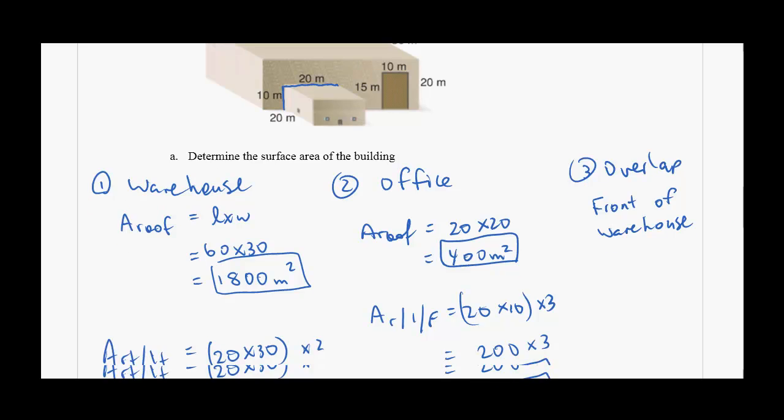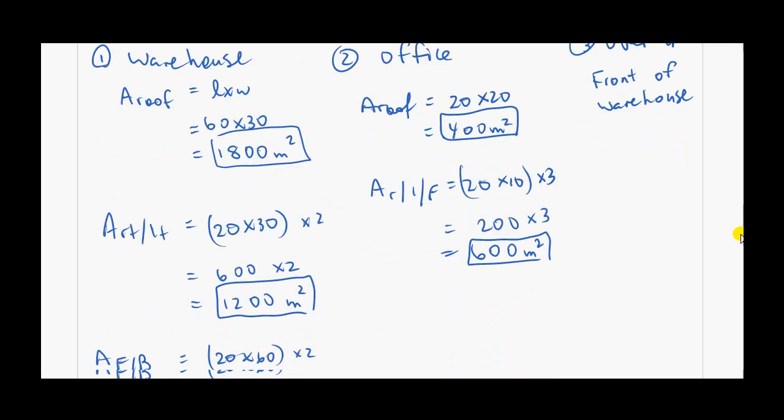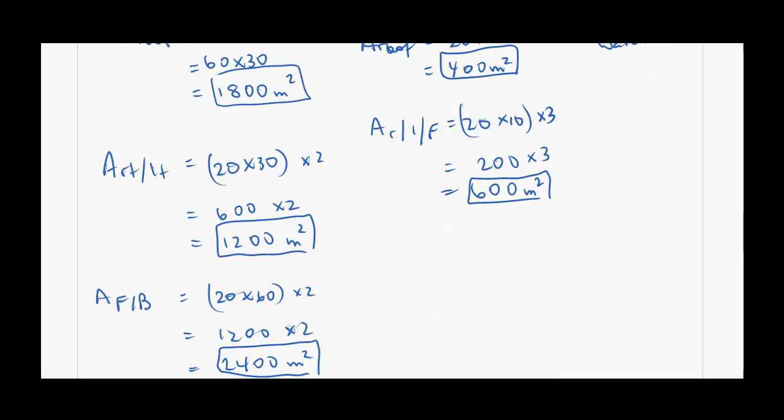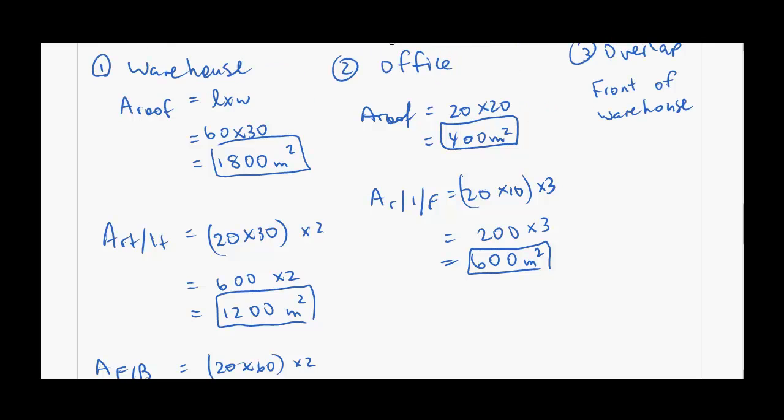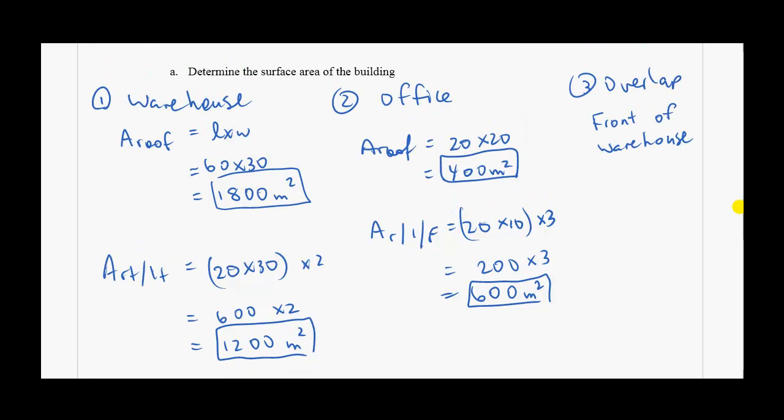The front was included in the area of the front and back, so we need to subtract that little portion that's being covered in the overlap in behind the office. The area being covered is a 20 by 10, so 200 square meters.